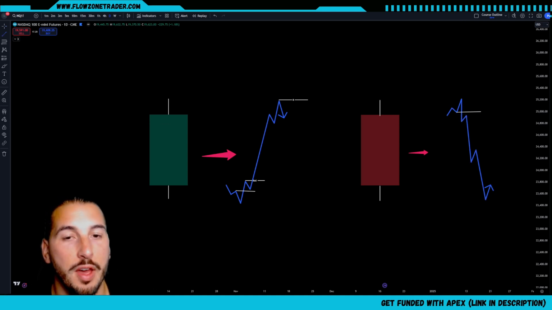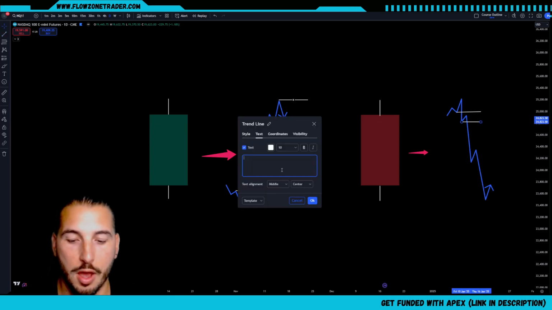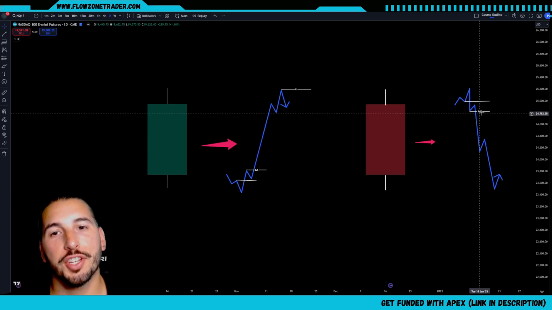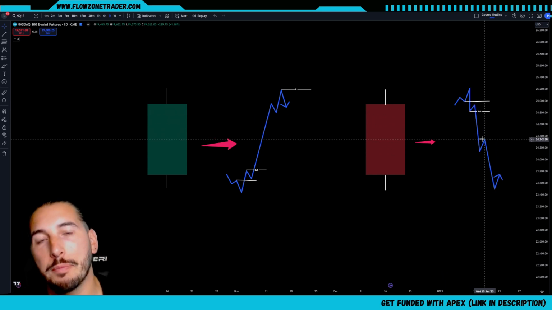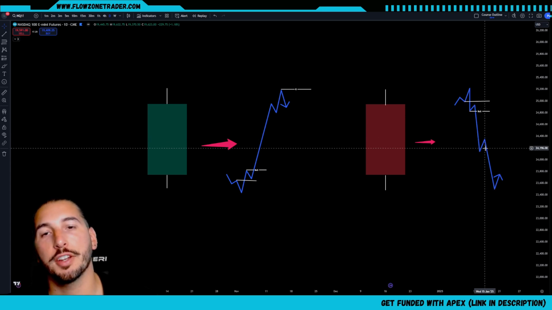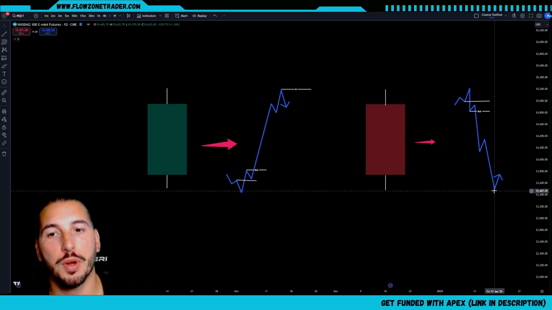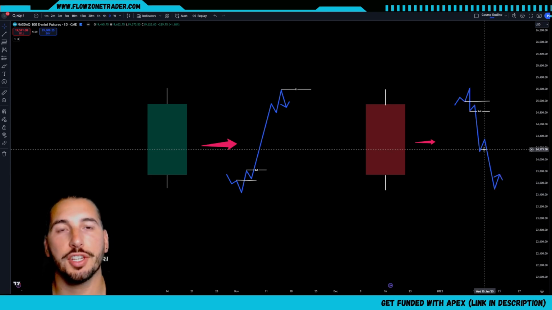We get a further break of structure right here when we make a new lower low. And once we have that break of structure, we get that bearish trend continuation, until we get a pullback, a further break of structure through this pivot, trend continuation of the H1, and then we pull back to this close.